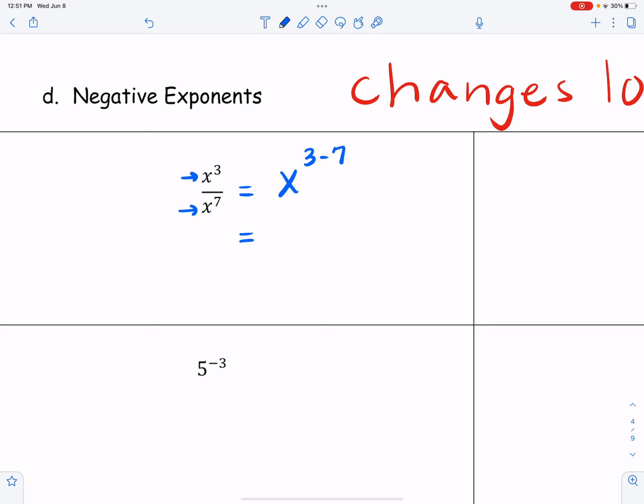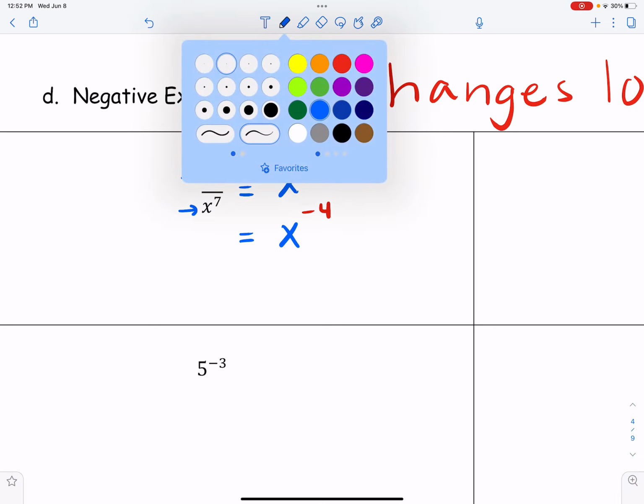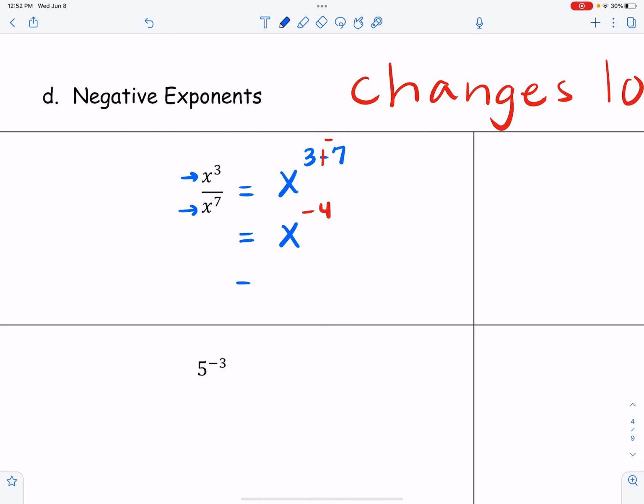But notice when I do that, 3 minus 7, we talked about dealing with positive and negative numbers. This would become plus a negative 7, and that means my exponent here is going to be a negative 4. And this is where you don't ever want to leave your answer with a negative exponent. So what you're going to do is move it to the denominator, and then that will make the exponent positive.